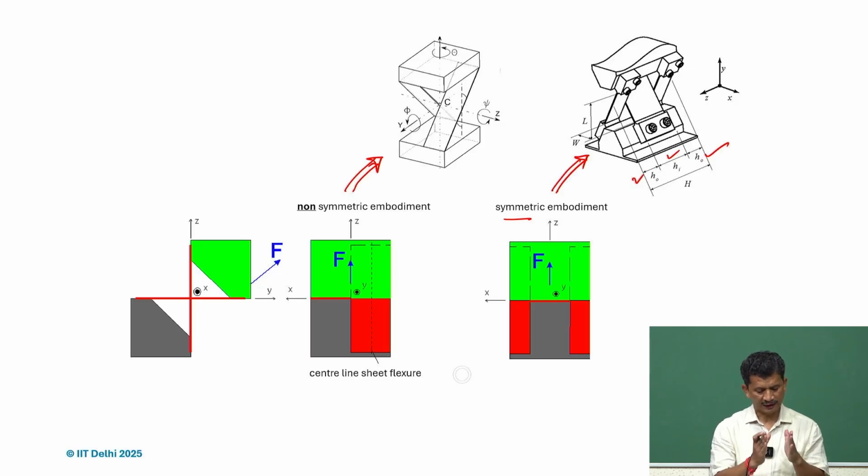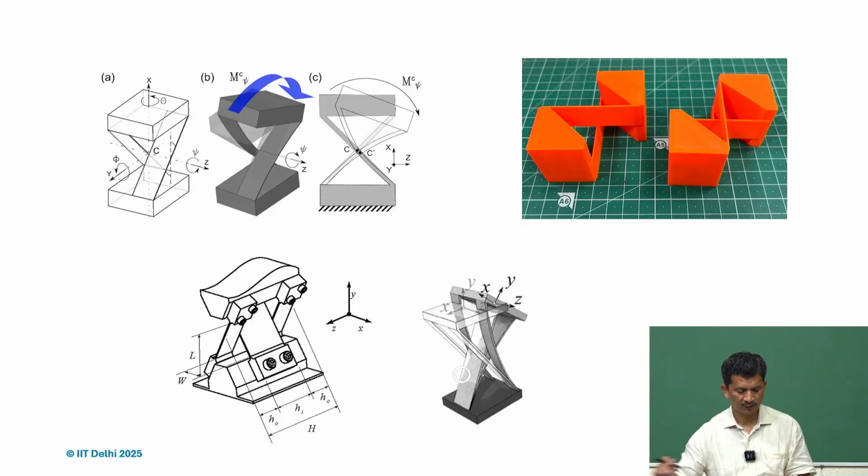As such, we don't see much difference. The rotational stiffness and everything will be the same. But when it comes to bearing load capacity and stiffness, we may realize that the symmetric embodiment is way stiffer. It's not very intuitive, but maybe we will try to learn that.